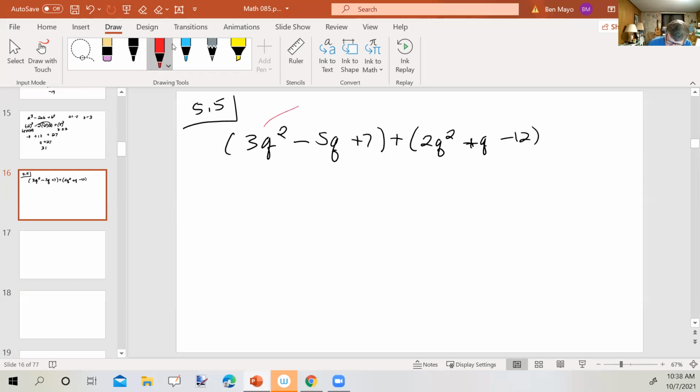Even though these are like terms, until we get rid of the grouping symbols, we don't want to try and combine them. We need to be careful that we don't. So if there's nothing in front of a set of grouping symbols, we can drop the grouping symbols and just rewrite the polynomial.